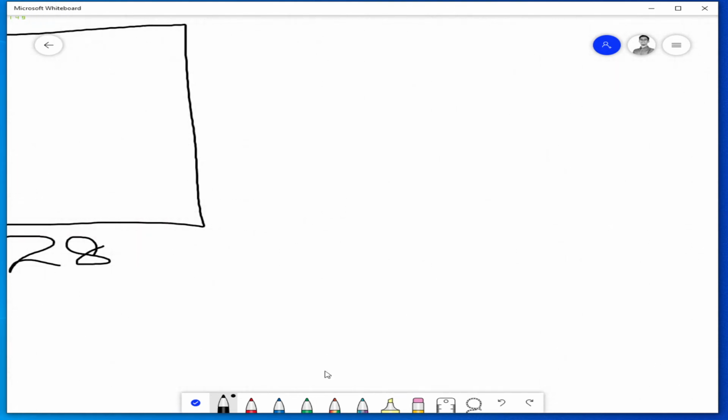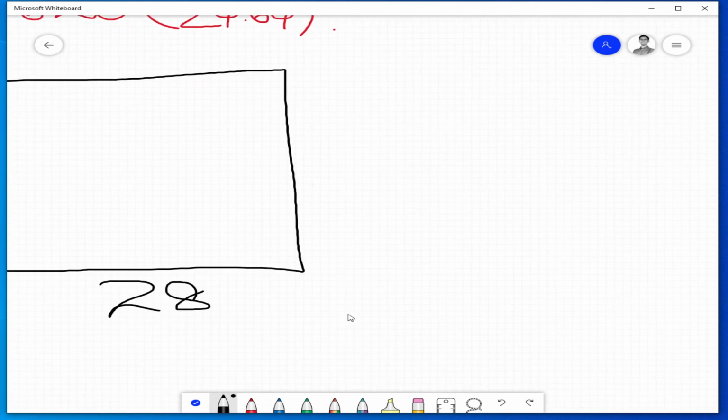Okay, so how do we calculate this? Macam mana kita nak calculate this?